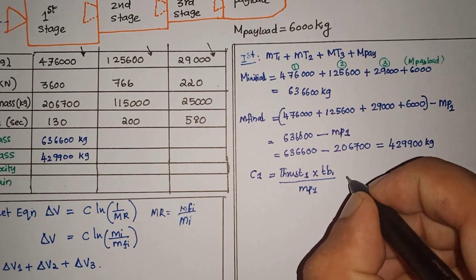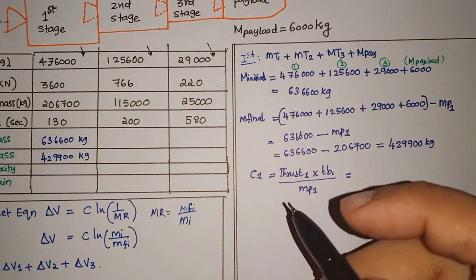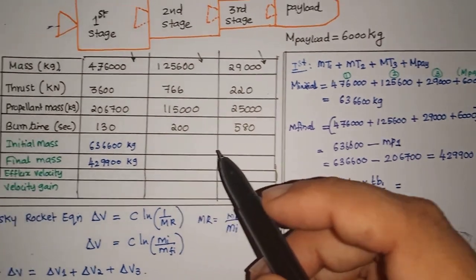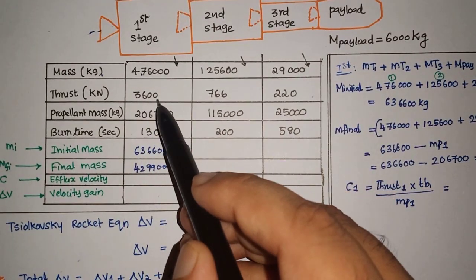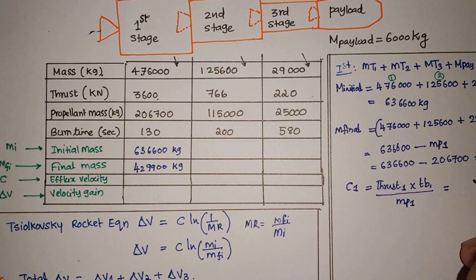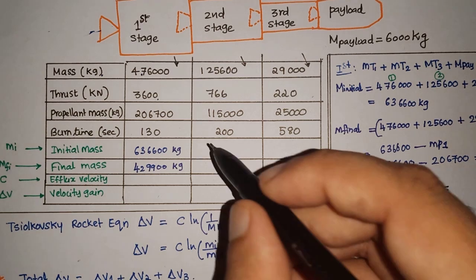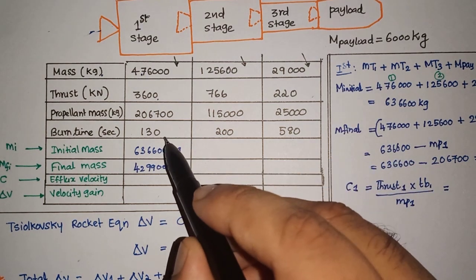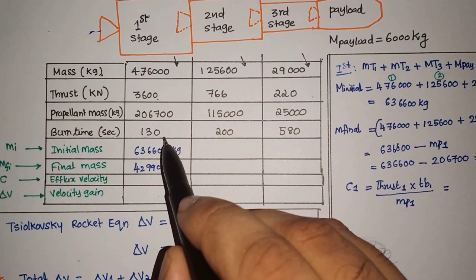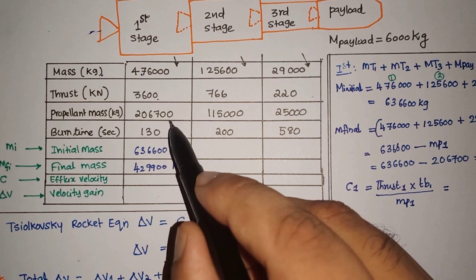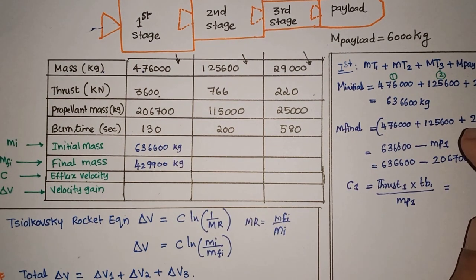So what thrust are we going to have? Thrust we already know, 3600 kilonewtons. You have to convert this into newtons, and the burn time is 130 seconds. Your propellant mass is going to be 206700, which we have already seen.